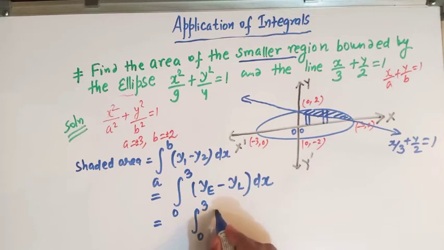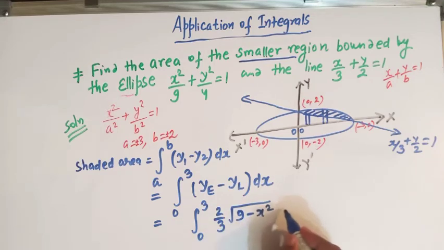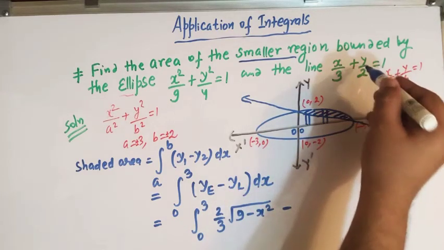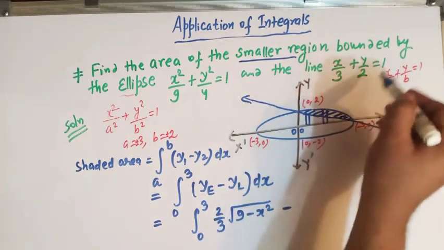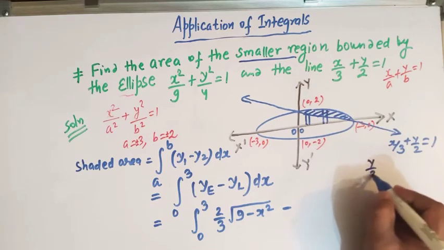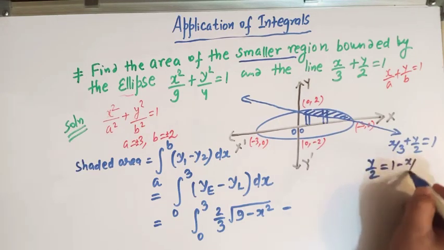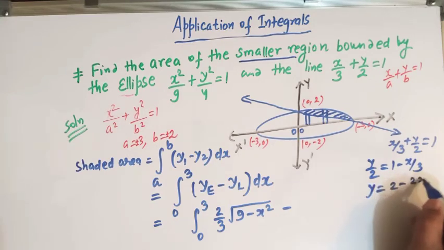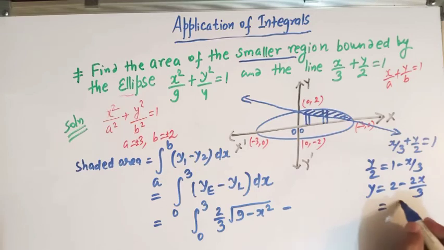So we have 2 by 3 square root of 9 minus x square, minus the value of y which comes from y line. It comes from this equation of the line, y by 2 plus x by 3 equals 1, so y is 2 minus 2x by 3, which can be written as 6 minus 2x by 3.